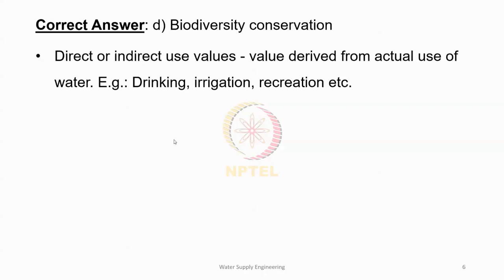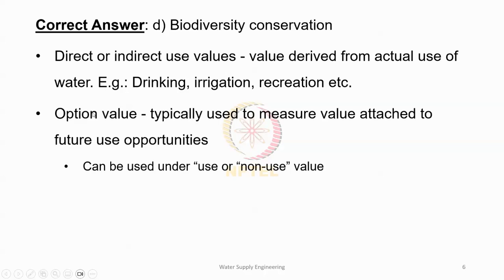Direct or indirect use values are the values that are derived from actual use of water. For example, when we use water for drinking, irrigation, recreation, etc., all these denote direct or indirect use values. Option value is used to measure the value attached to future use opportunities.